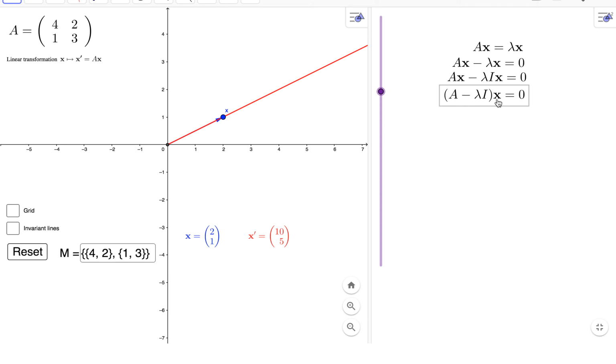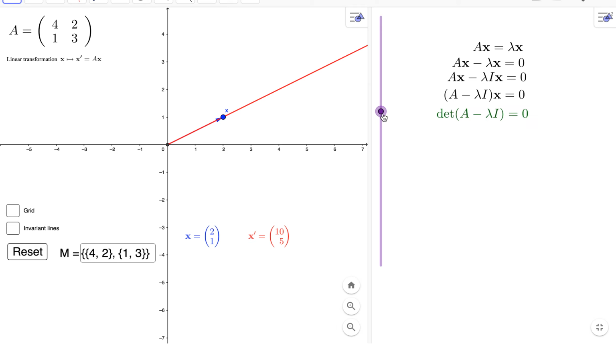And here is where you have to remember the fundamental theorem of invertible matrices. A matrix times a vector equals 0 has a non-zero solution x if and only if the matrix is non-invertible. So I want to choose lambda that makes this matrix non-invertible.